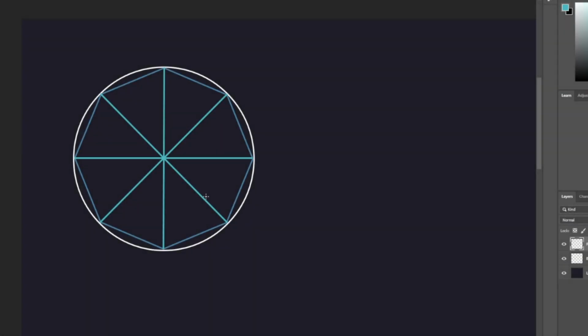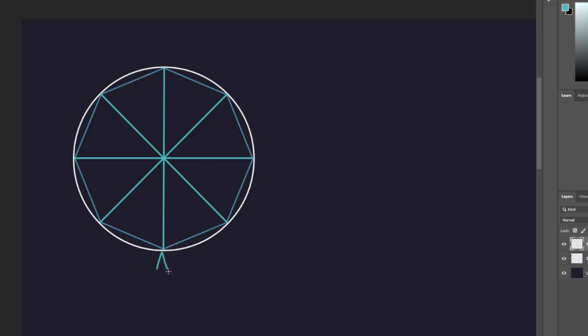But now we will try to look at the general case where n equals 2 to the power of k, where k is some integer. So let's assume we have a regular n-sided polygon that is inscribed into the circle with diameter 1. If we draw all the diagonals of that polygon, it will be split into n equal triangles.